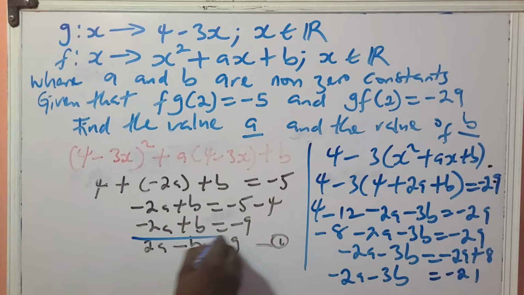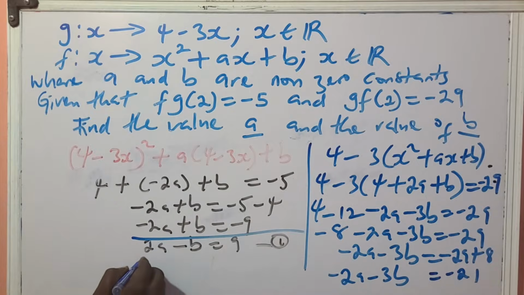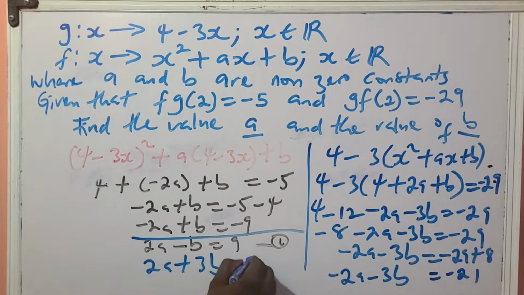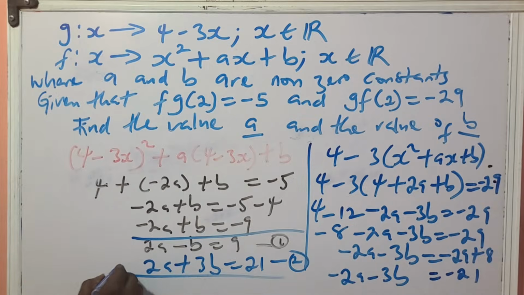So we would have this as our first expression, and we have 2a plus 3b and multiplying through by minus equals to 21. This is our second equation. So we can go on to solve simultaneously, obviously. And if you go through with elimination of a, that you subtract the equation, you will have minus 4b equals to minus 30.